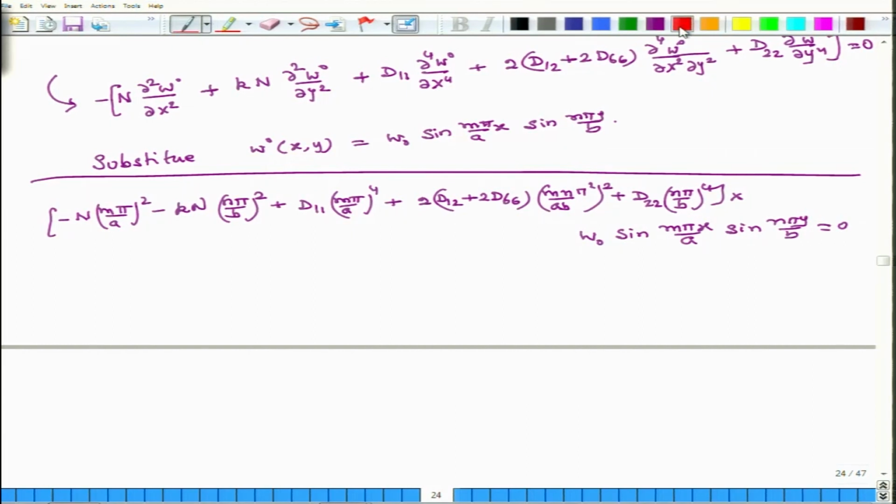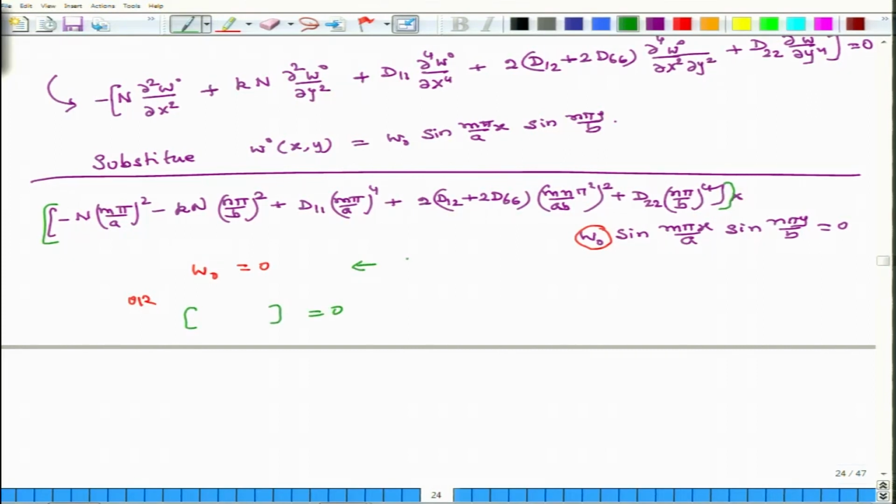So, again, for this equation to be true, which means right and left side should be 0. So, suppose I have this entire thing in green and this is w naught. So, for this equation to hold, either w naught should be 0 or this entire expression in green should be 0.